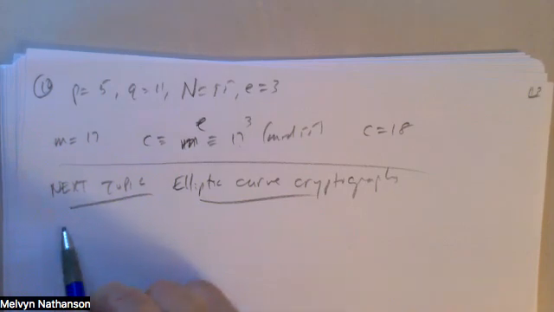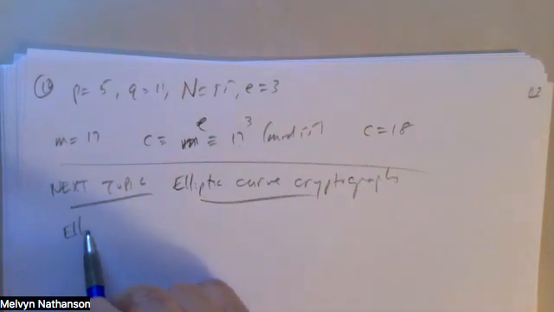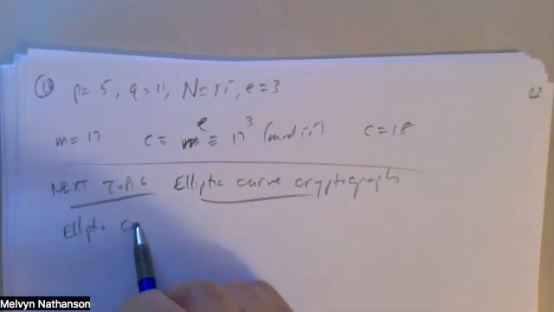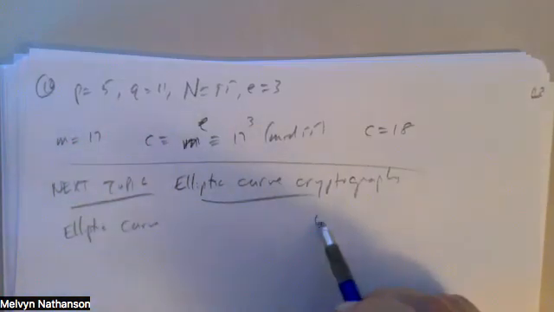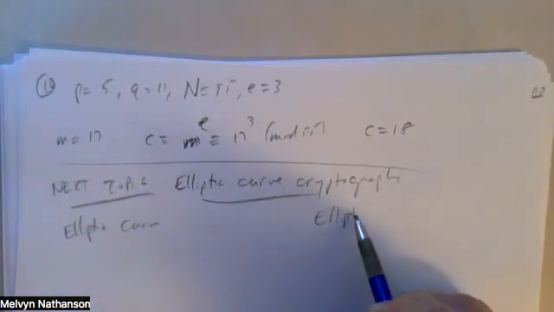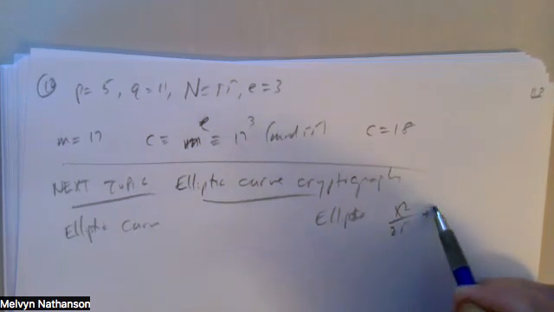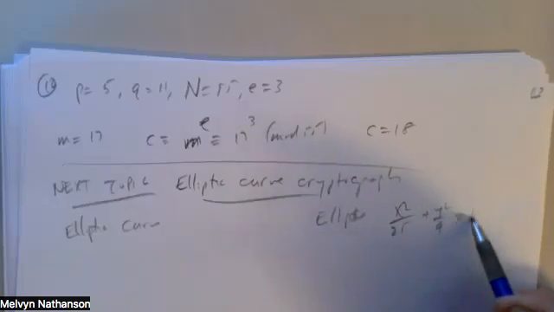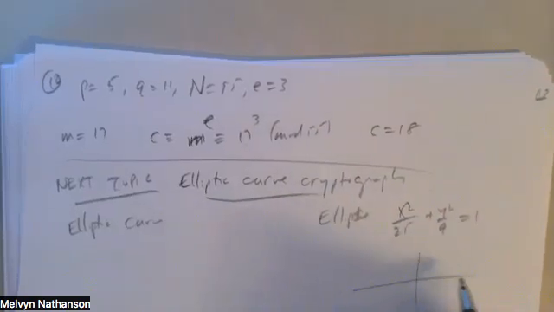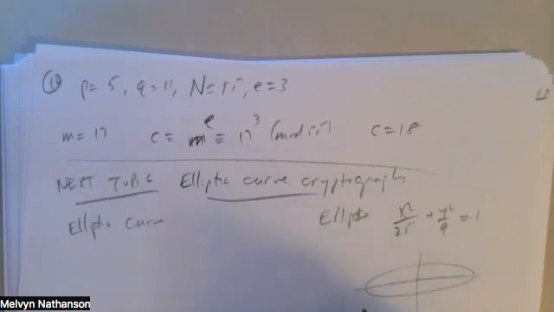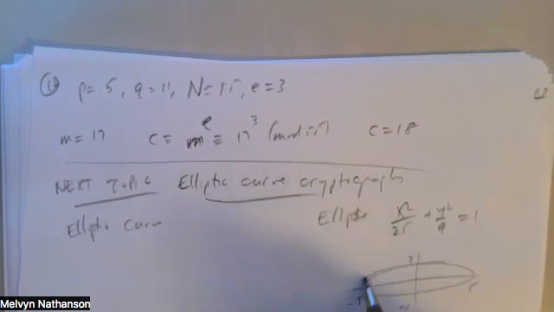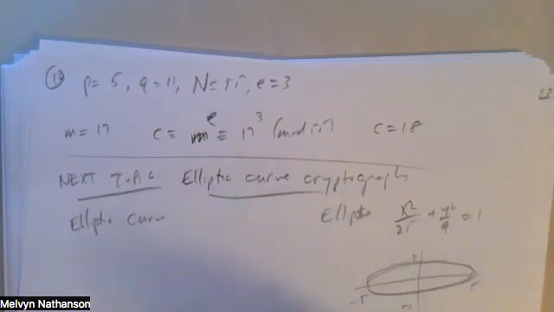And an elliptic curve, let's see, what is an ellipse? There's not really a connection, but an ellipse, you might have an equation like x squared over 25 plus y squared over 9 equals 1. And if you graph that in the plane, you get this ellipse that looks like this. And that's the graph of this curve.